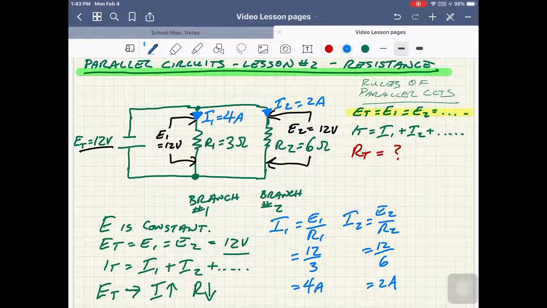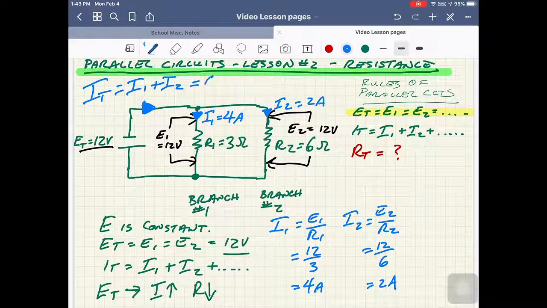We can then determine what our IT is by adding up the sum of the current in the 2 branches, and we have a 6 amp current flow through there. So let's use Ohm's law to solve for RT and see what we come up with.